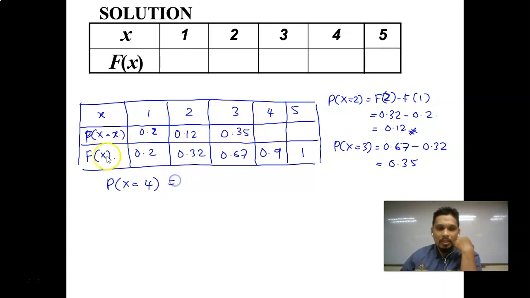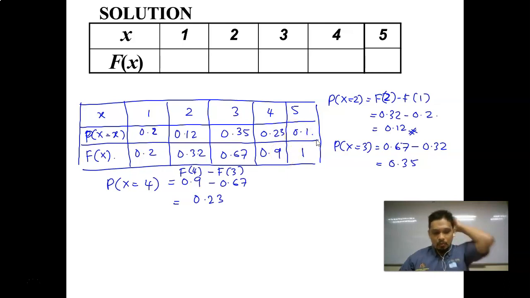So we're taking the cumulative distribution F4, 0.9, minus F3, 0.67. Okay, 0.9 minus 0.67 equal to 0.23, and then 1 minus 0.9 equal to 0.1.